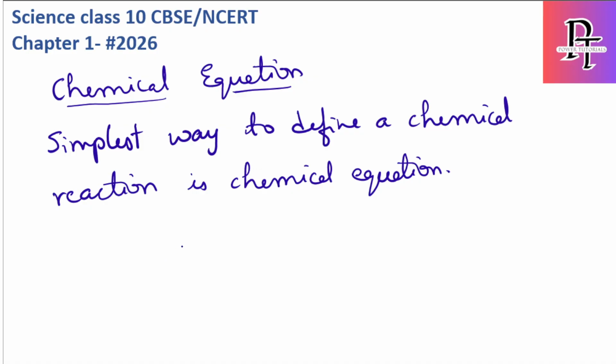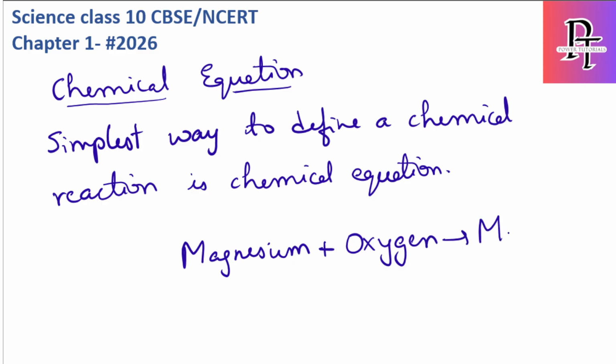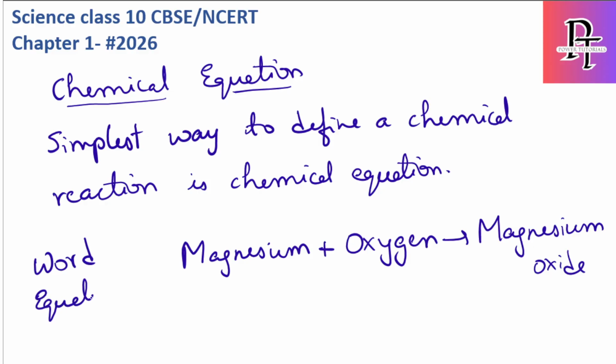Okay, so what is the first reaction? Magnesium plus oxygen are combined to form magnesium oxide. So this is called a word equation, where we have written the entire name of the chemical.